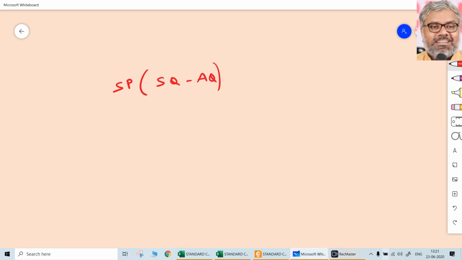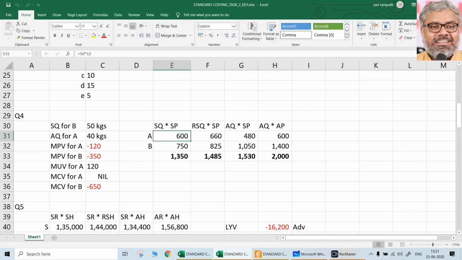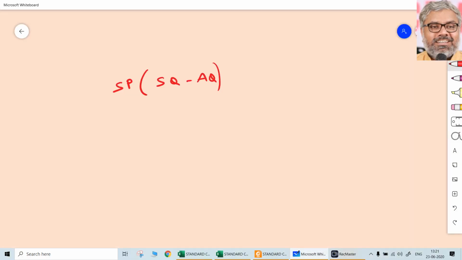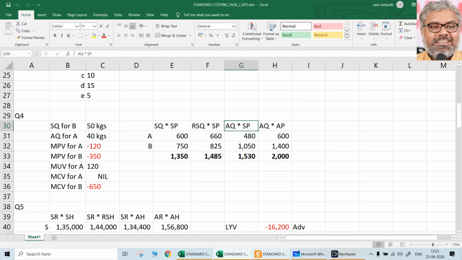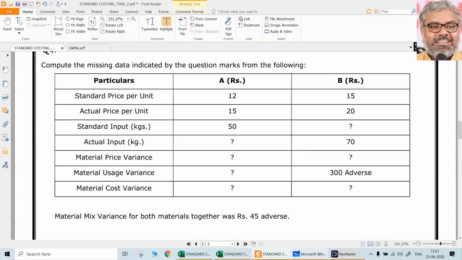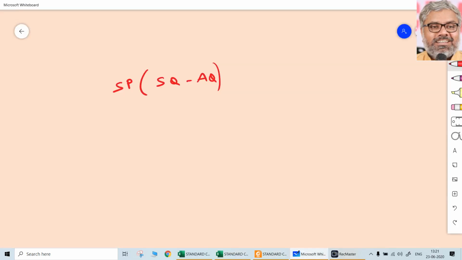That is usage variance, which is already known to us. But how much is the amount? That was given in the question. That was 300 adverse, it says. Let it be 300 adverse, which means minus 300.